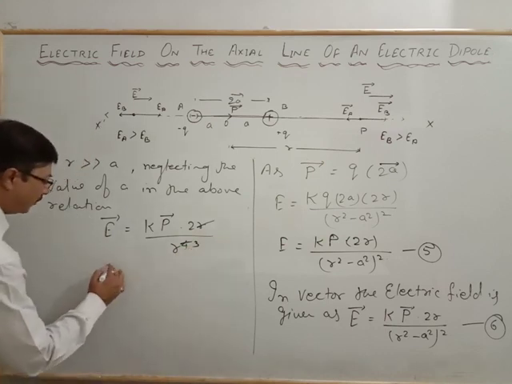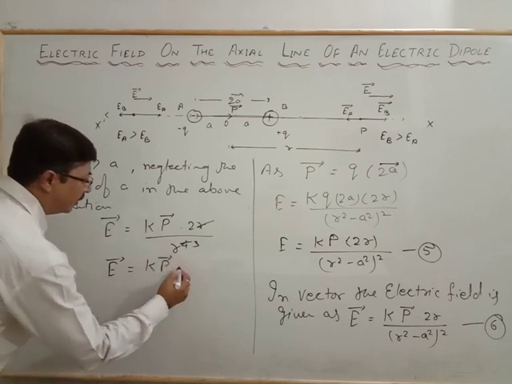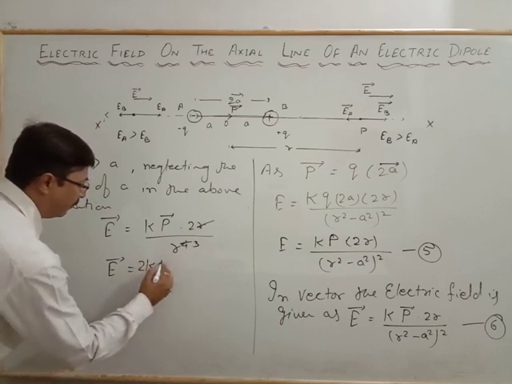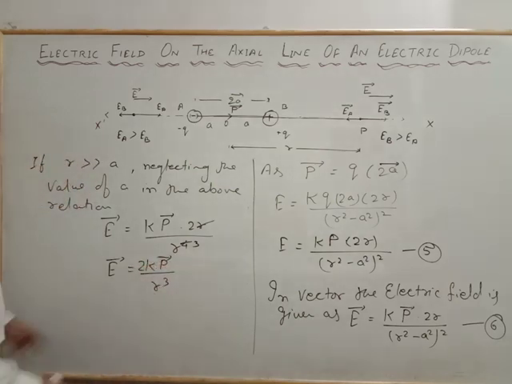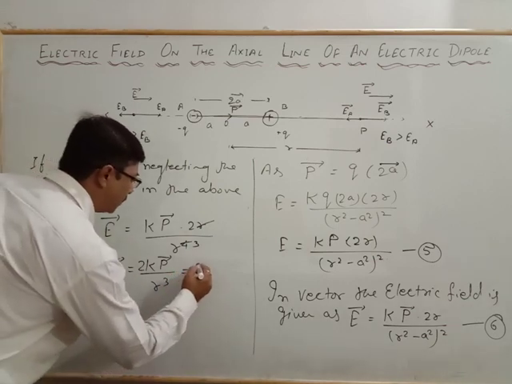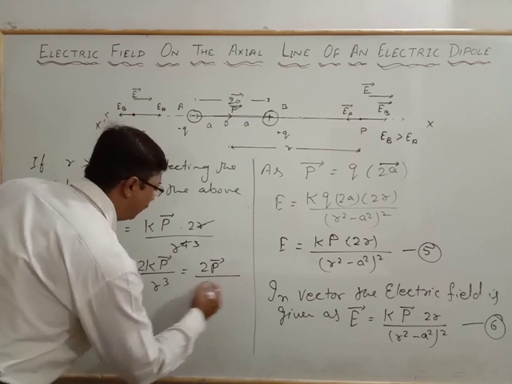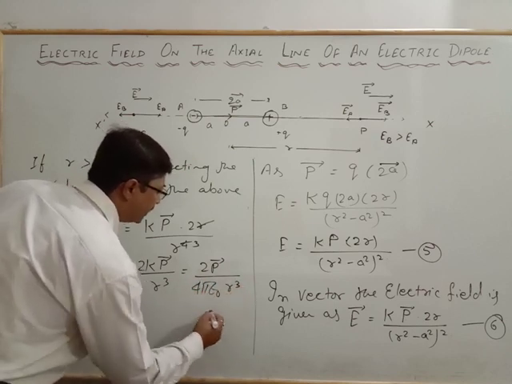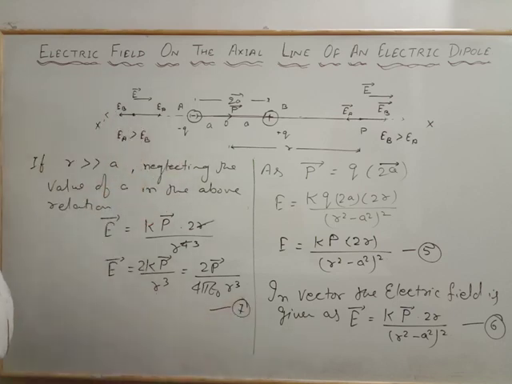Now the relation becomes E is equal to 2Kp vector by r cube. In place of k, if you substitute, 2p vector by 4 pi epsilon naught r cube. This is relation 7, the most important.